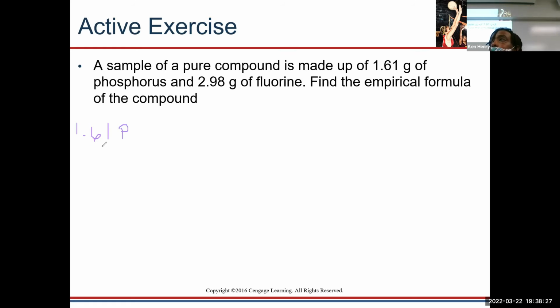Okay, so then I'm going to divide this, it's grams, by 31 grams. And that's going to give me 1 mole, right? Okay, grams are going to cancel out.